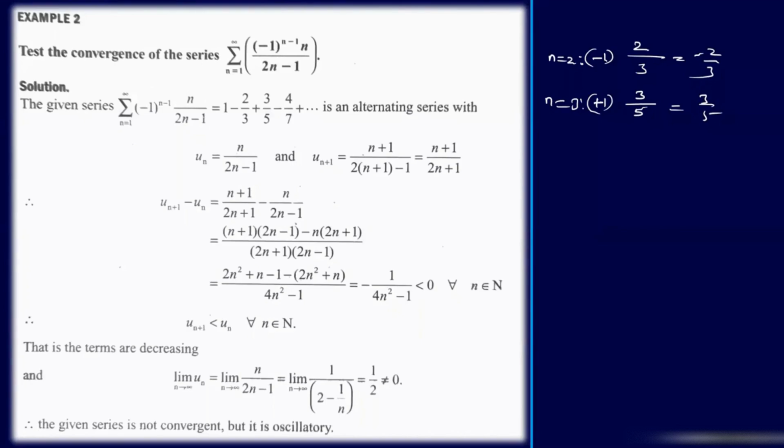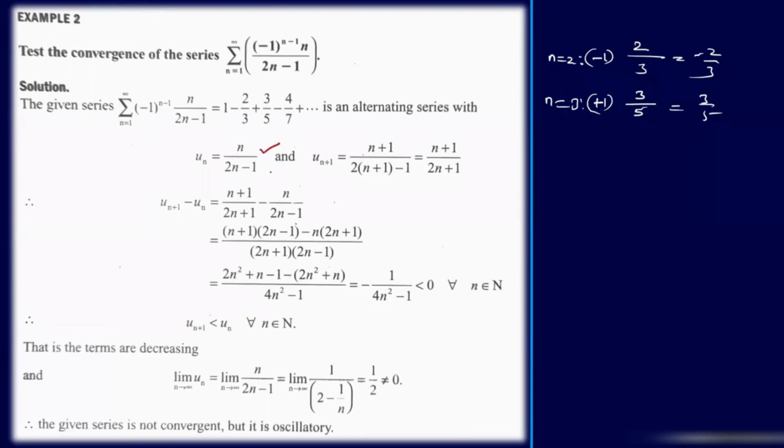Whatever minus 1 to the power of n minus 1 you have, we ignore that. By ignoring that, we compare the terms, and if you get those terms in decreasing order, we'll proceed further. So see here, it's clear: u(n) is n by 2n minus 1.